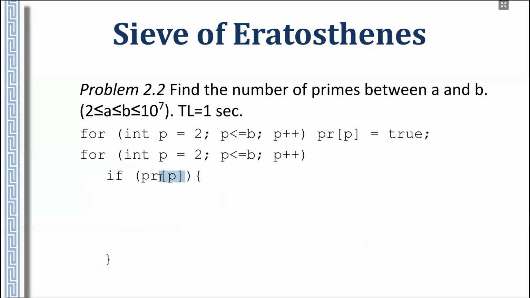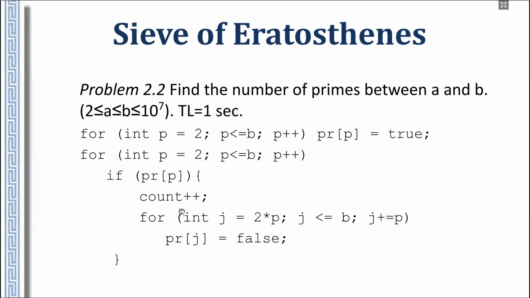If it is true, then we find the prime number, we count it, and after that, we go through each multiple of P. So J is 2 times P, then 3 times P, 4 times P. We do it using the J plus equal P operator, and mark all these numbers as false.